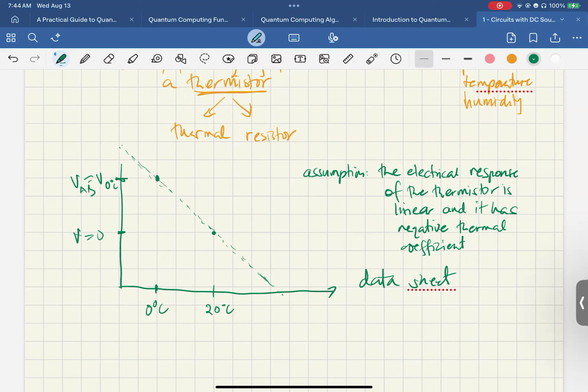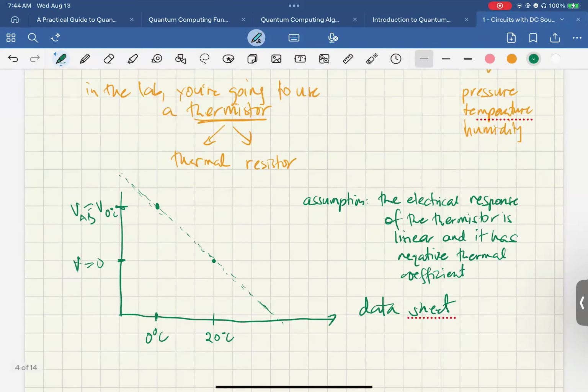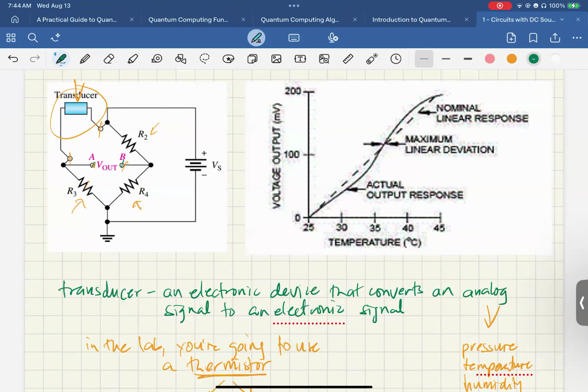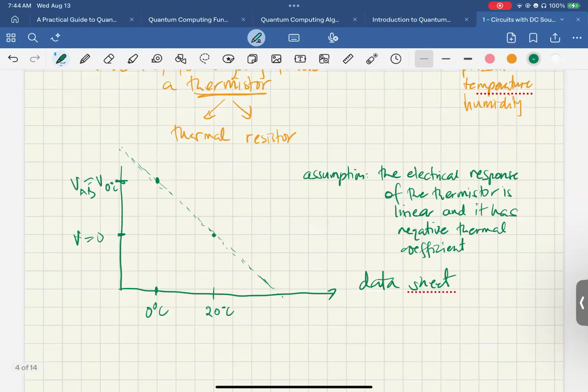Okay, so halimbawa gusto niyo gamitin to sa isang tao na may lagnat, di ba? Tapos ilagay niyo sa noo, sa leeg, sa kilikili, di ba? So, pag ginawa niyo yan, ang gagawin ng Wheatstone bridge ninyo is that it will give you an output which may be negative, di ba?